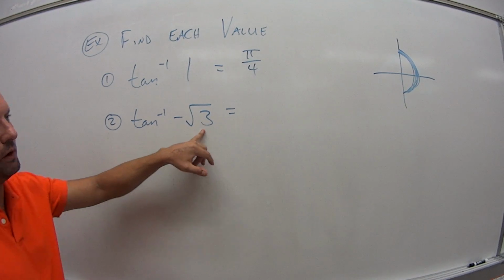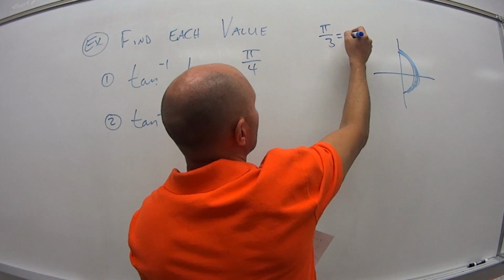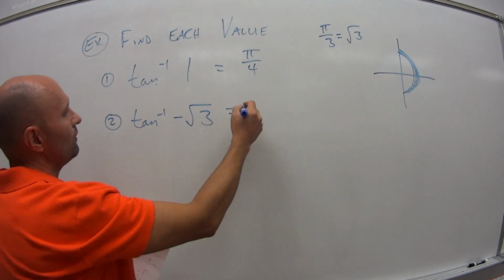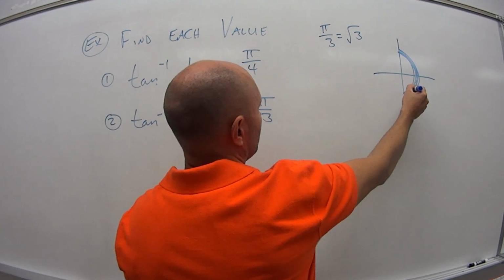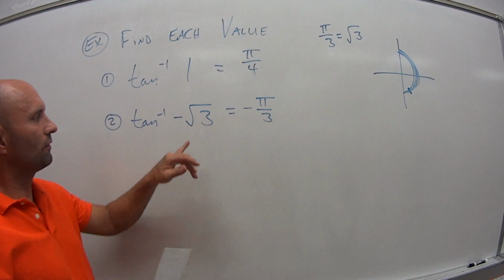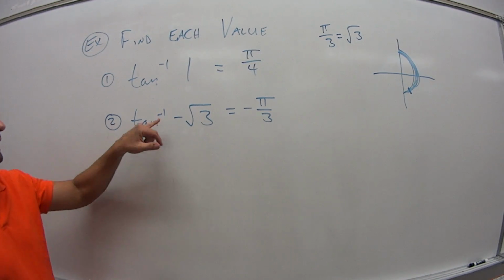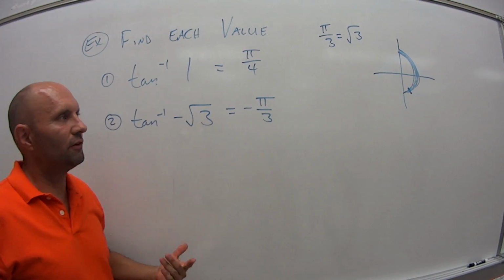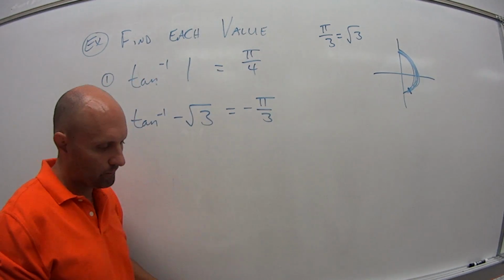Well, we know that at pi over 3, this is equal to square root of 3. So if we go negative pi over 3, that puts us down here, and that gives us a value of negative square root of 3. So tangent inverse of negative square root of 3 is equal to minus pi over 3, again, because we want to be in that right half of the circle.